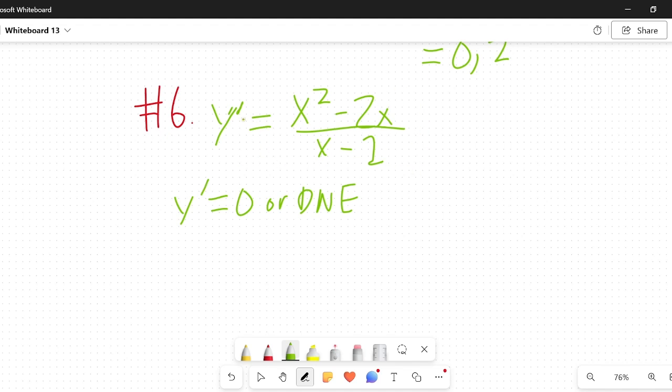So in order to find the extrema of the function, we have to find where y prime equals 0 or doesn't exist. So y prime is equal to 0 at 0 and 2.